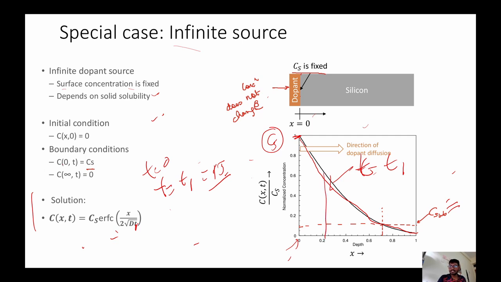At this position this much dopant concentration is there, and that is given by this error function. If you increase the time, it will increase.